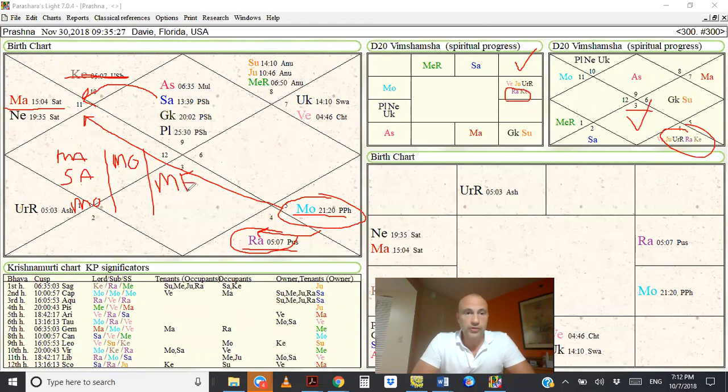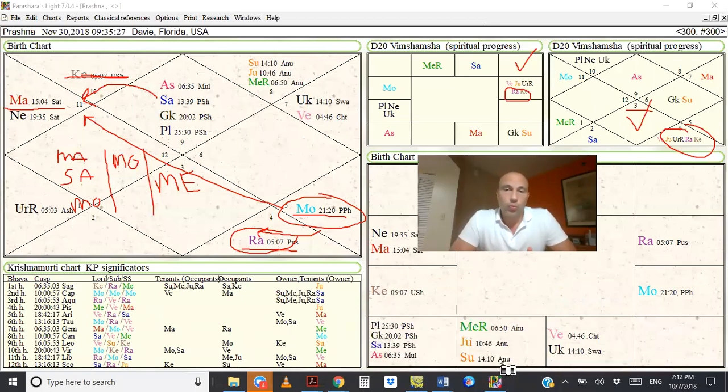So here are the candidates. Mars is a strong candidate, Moon is a strong candidate, as well as Saturn and Mercury. Now how do we make sense of all of these influences? One suggestion is to pick one technique and stick to it.